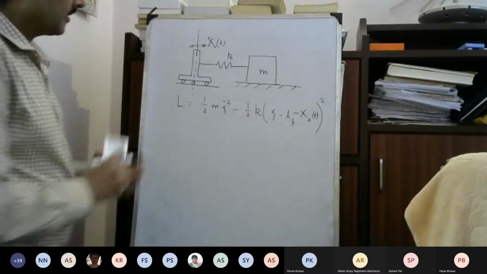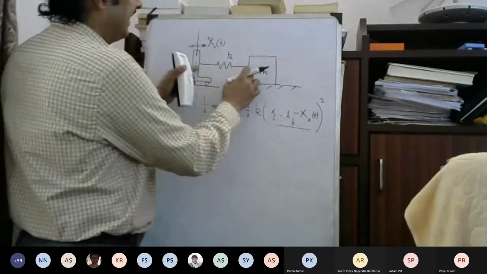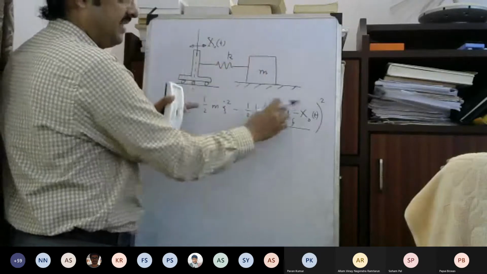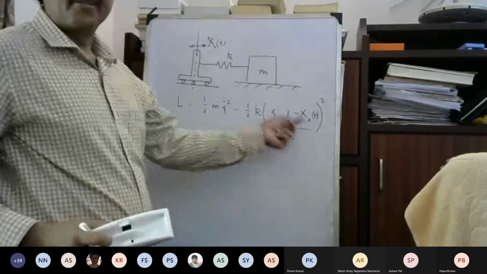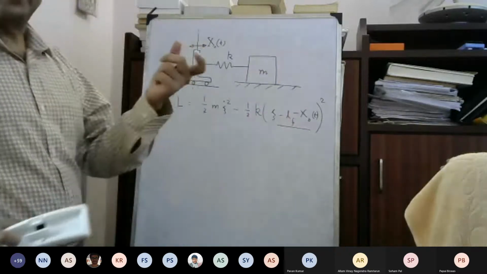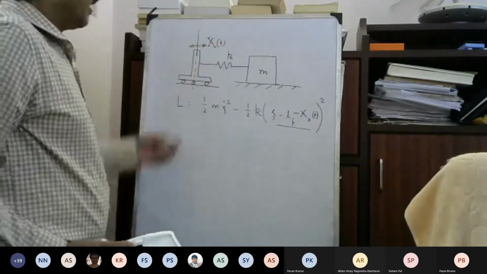This comes because the spring length at any time will be equal to zeta minus x naught, and the initial spring length was LF. So therefore, zeta minus x naught minus LF is the spring stretch.